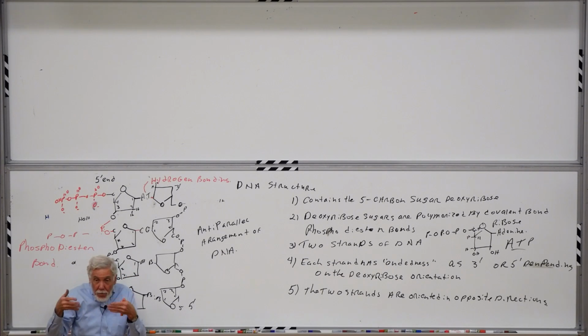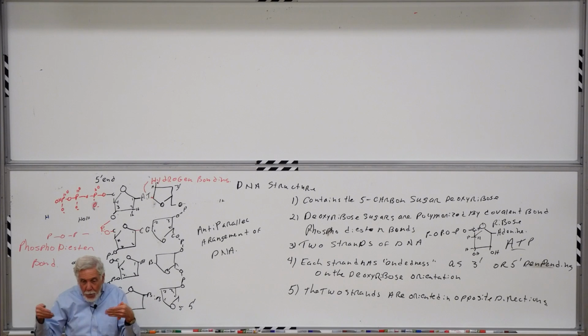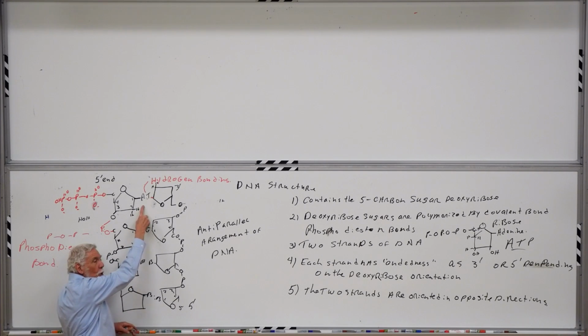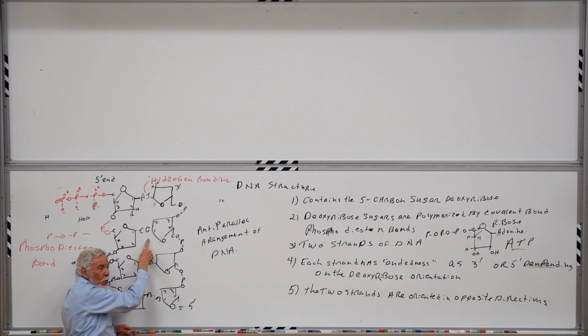They would sit down at a table and try to fit them together mechanically. They found the only way they could fit was adenine with thymine, and cytosine with guanine. It was the only way they could fit mechanically.